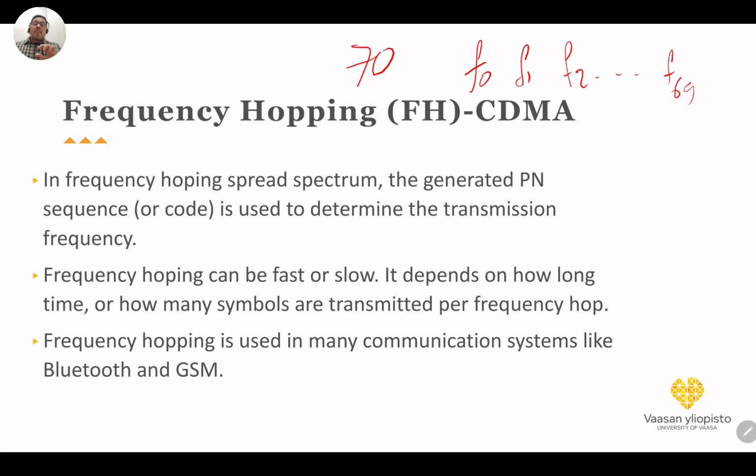Every time I can select a different carrier in order to transmit the information signal. But how are these carriers selected? According to a PN sequence. So I generate random numbers from 0 to 69 based on some PN sequence. It is random for others, not random for me.